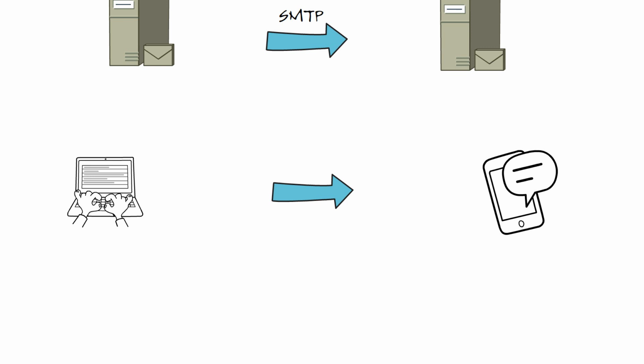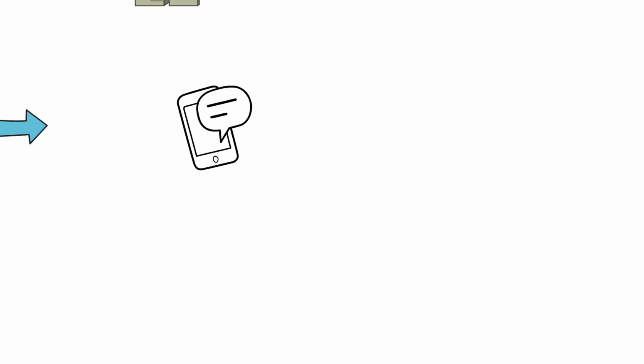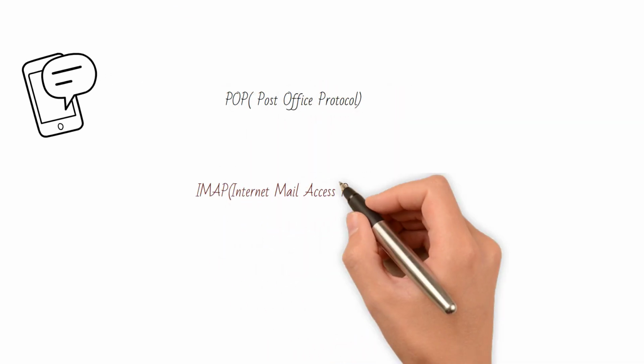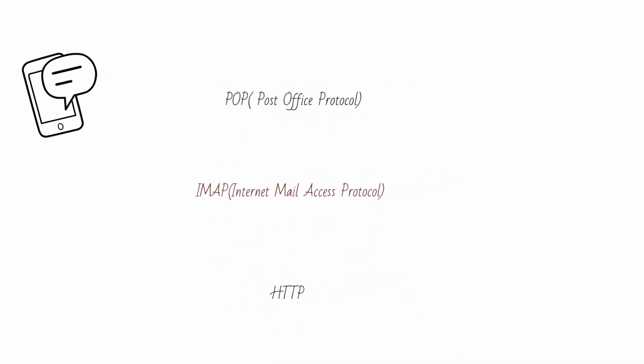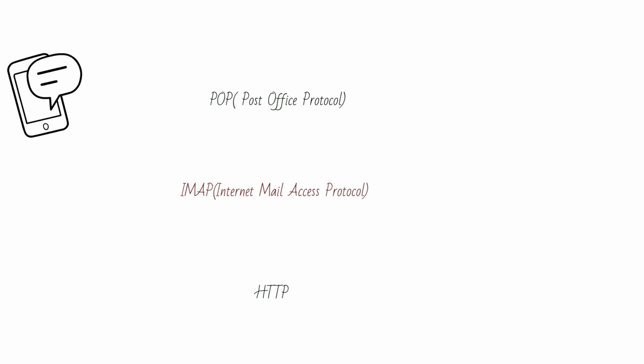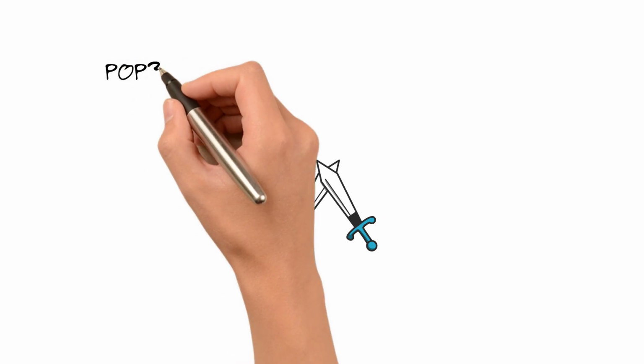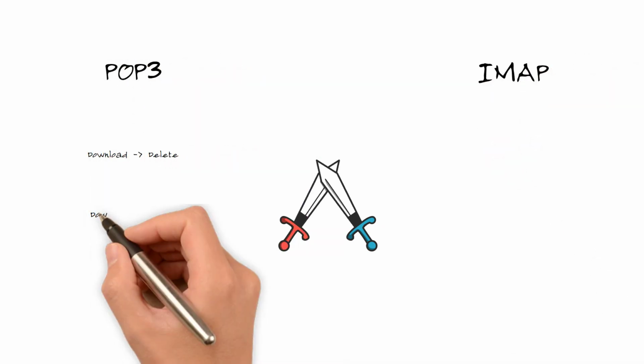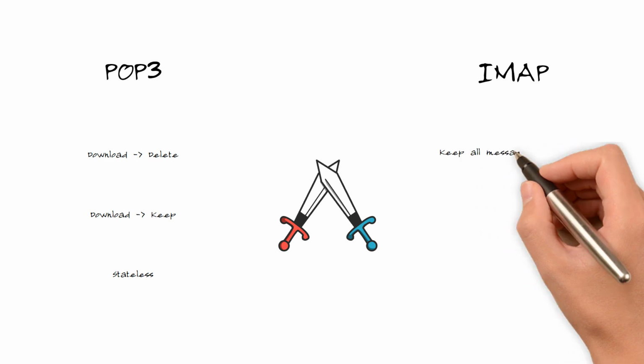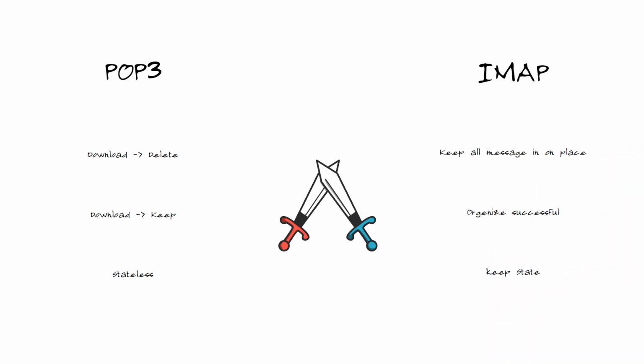The next part covers some very important protocols, like POP, Post Office Protocol, IMAP, Internet Mail Access Protocol, and HTTP. POP and IMAP have their own advantages and disadvantages. POP authorizes the user agent and downloads the messages.